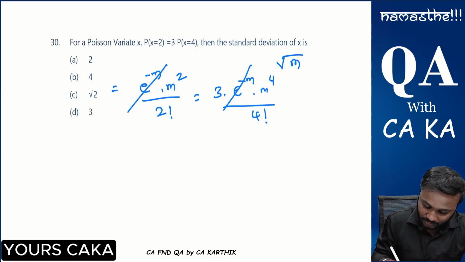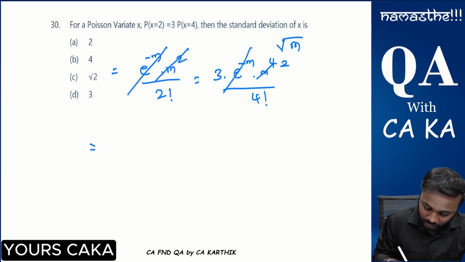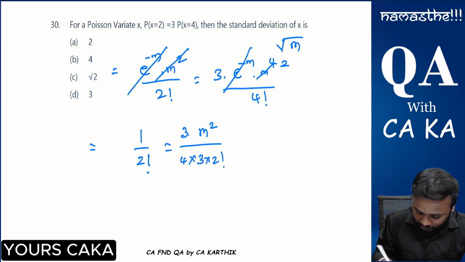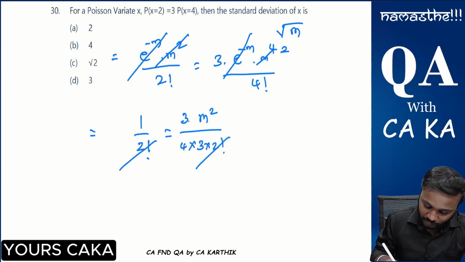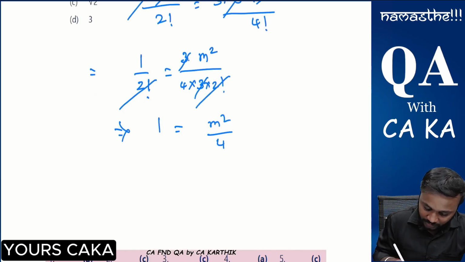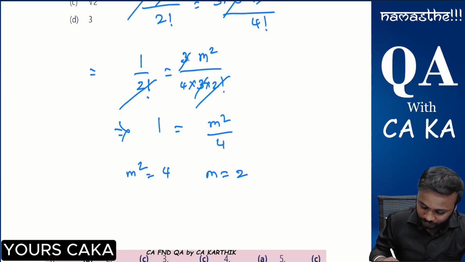If you cancel this m square, 1 by 2 factorial is equal to 3 into m square by 4 factorial. I can also write 4 factorial as 4 into 3 into 2 factorial. 2 factorial cancels, 3 3 will cancel. What is left is 1 is equal to m square by 4. This can be written as m square is equal to 4, m is equal to 2.